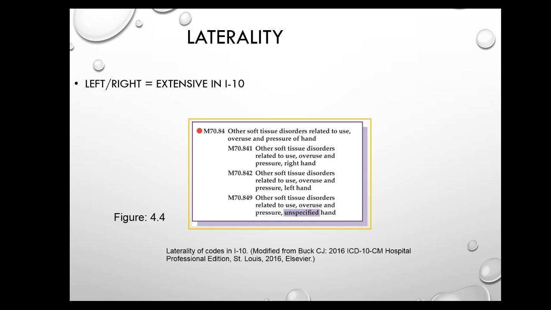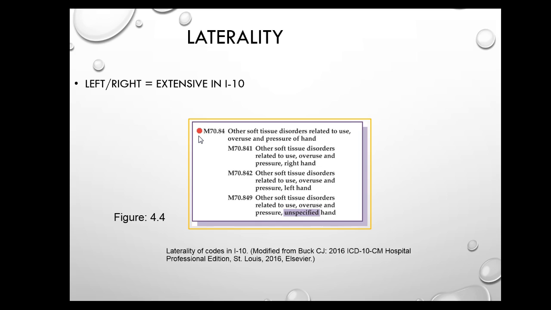Now we will discuss laterality. Laterality represents the side of the body, as we saw earlier in the example for retinopathy. You have two eyes, two legs, two ears, two feet, two hands. So with ICD-10 coding, we have the capability of coding for either the left side, the right side, or unspecified side. In this example, we have M70.84. In the tabular list, we see a big bold red dot.